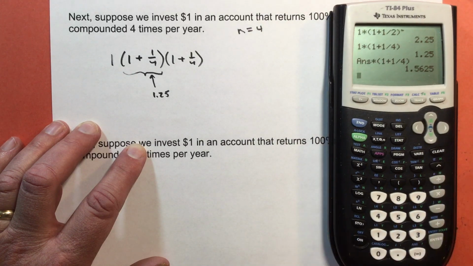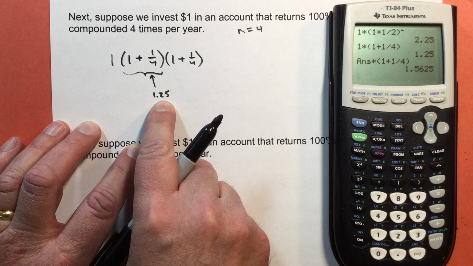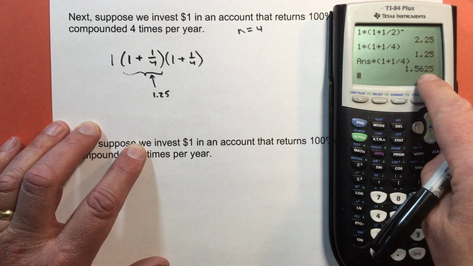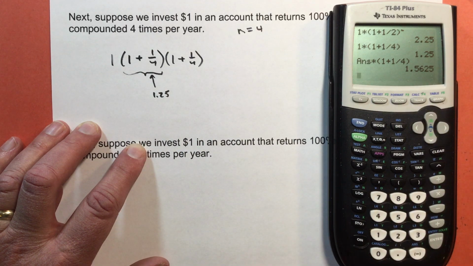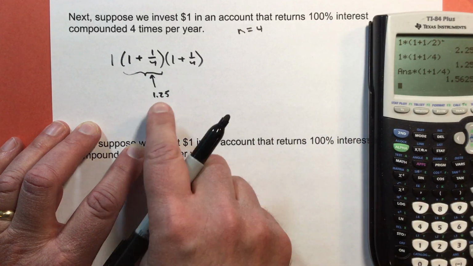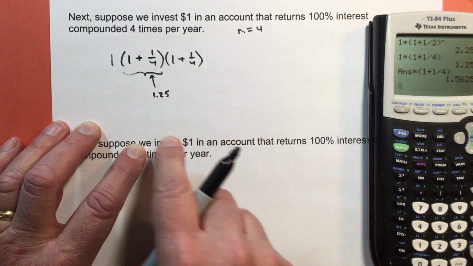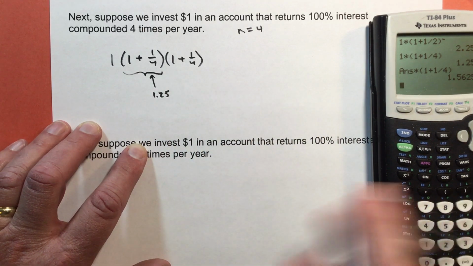And now I made interest on the dollar, so that gives me another 25 cents, so I'm up to $1.50. But where did the extra 625 come from? That's interest on the quarter. So instead of, like, you know, $1.25, $1.50, $1.75, $2, I'm making interest on each part that I put in.